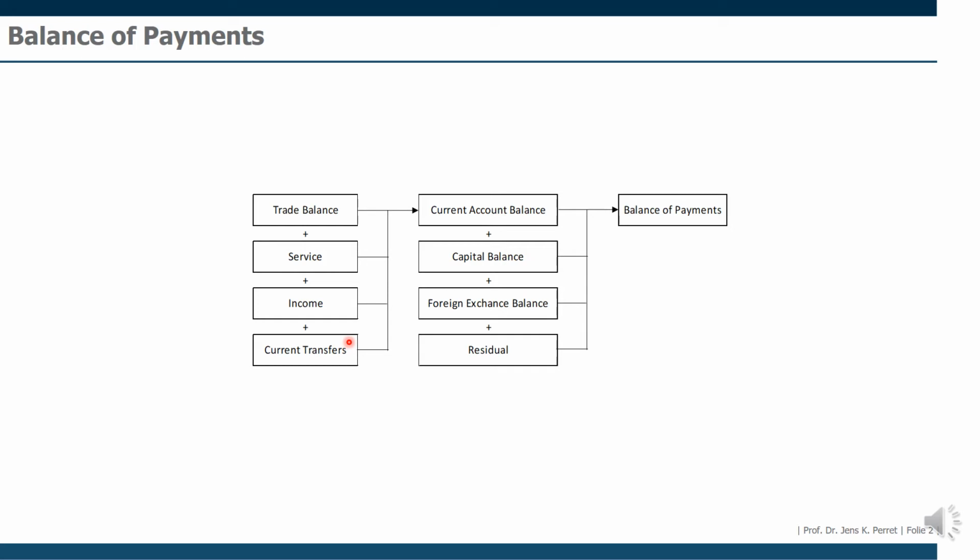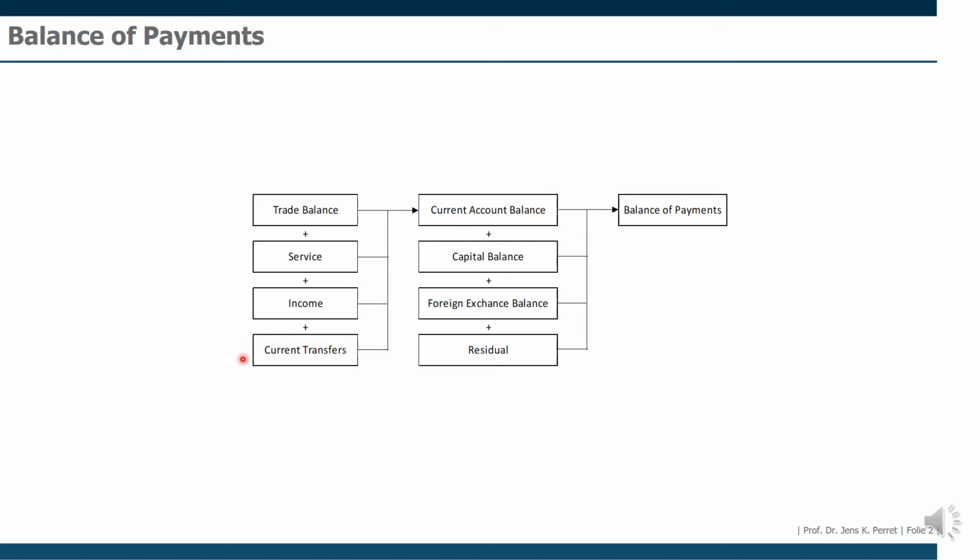In this case, people move, for example, for half a year to one country, work there, send the money they earn home, and then after half a year, after 1 year, after 2 years, they get back home. That's referred to in these current transfers, and this money which is sent back is referred to as remittance or remittances.